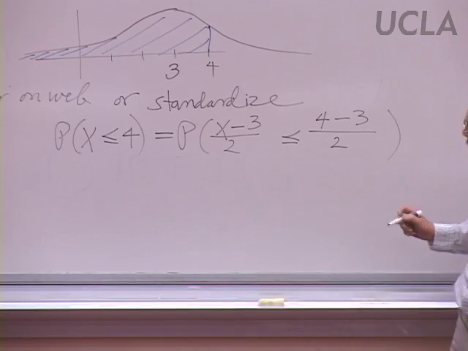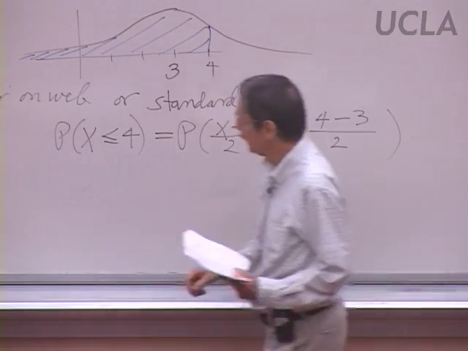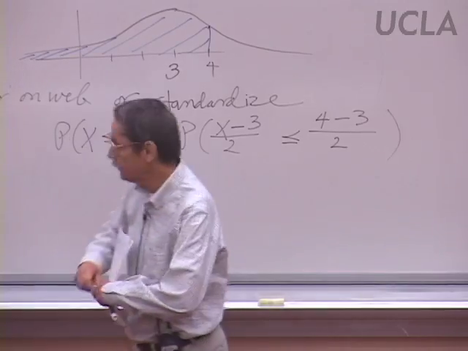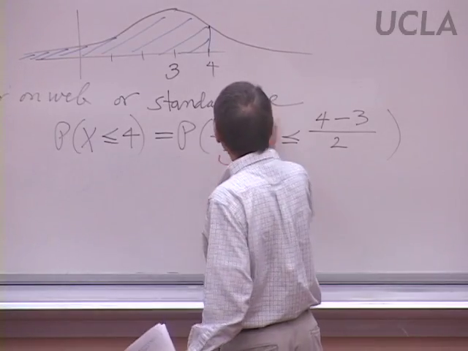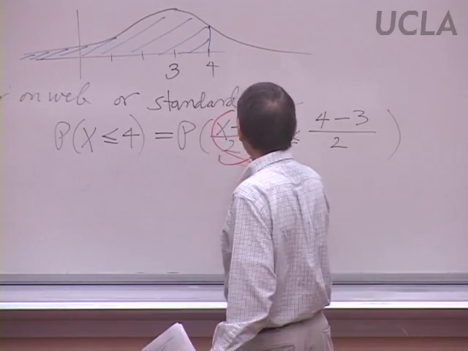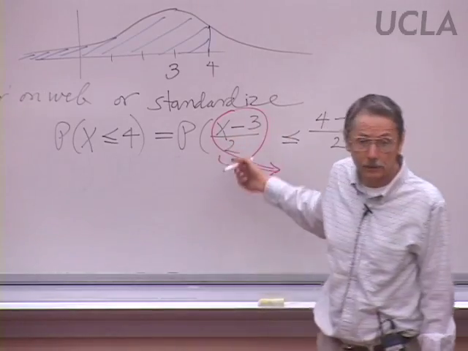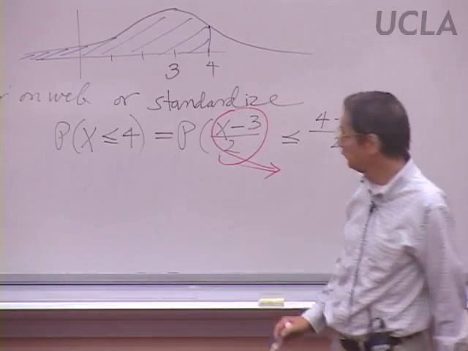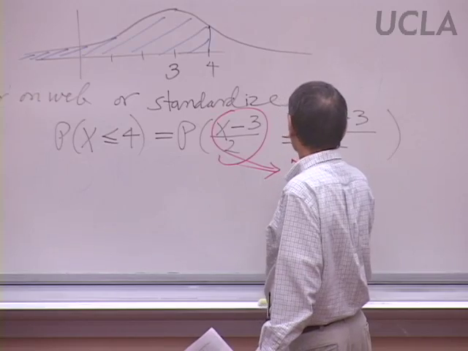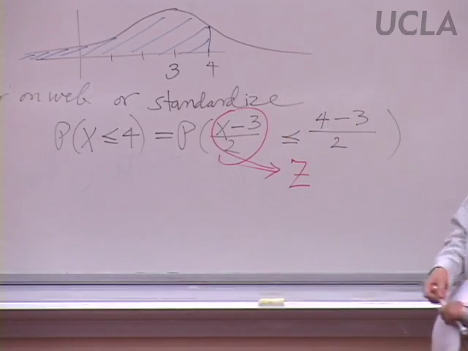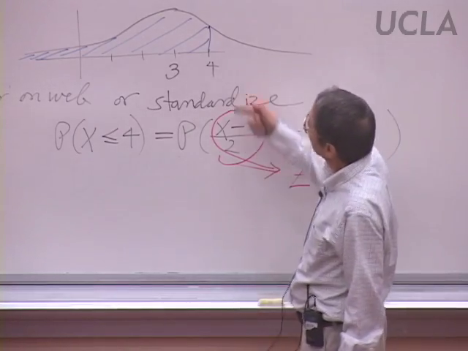And we divide both sides of the inequality by 2 because 2 is the standard deviation. And the reason we do that is that now on the left we have a random variable with the standard normal distribution. And so we'll call it z, as we always call it.